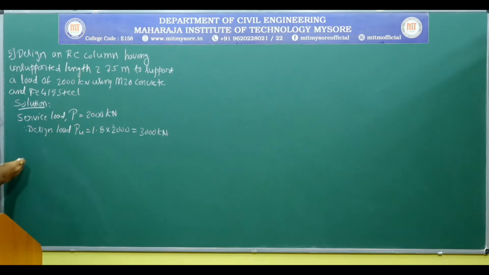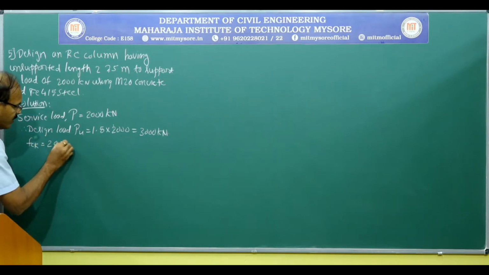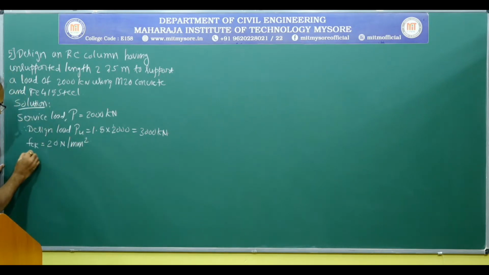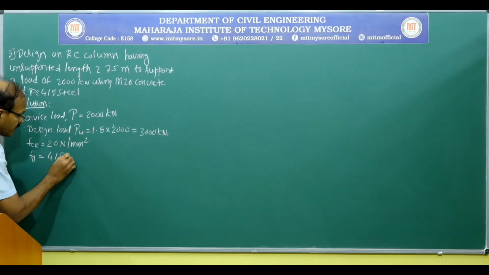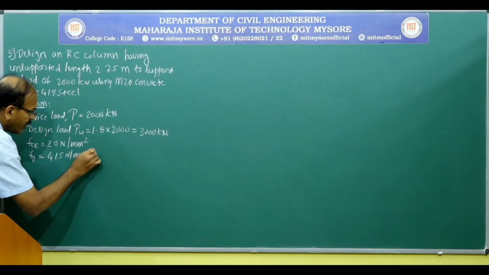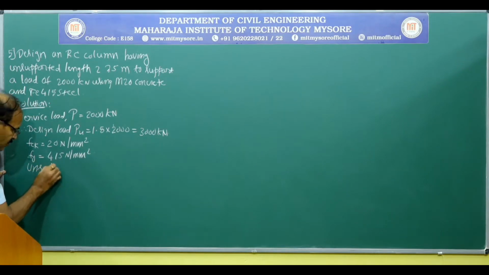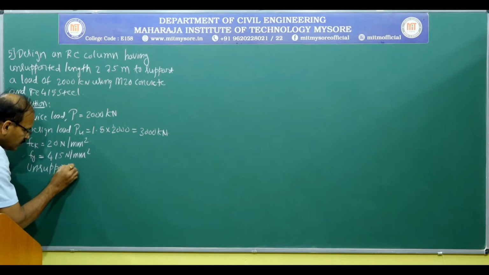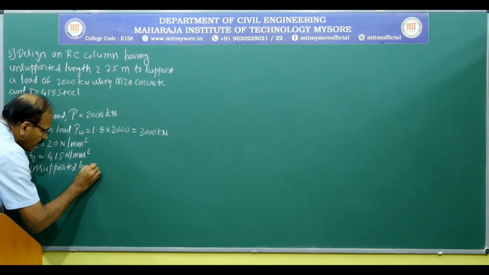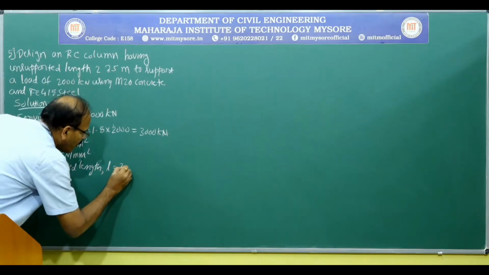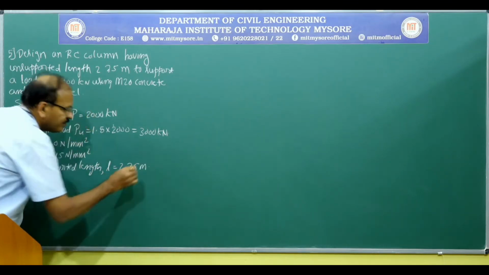Okay, and we are using M20 concrete, therefore FCK equal to 20 Newton per millimeter square, and we are using Fe 415 steel, that's why FY equal to 415 Newton per millimeter square, and unsupported length L equal to 2.75 meter.